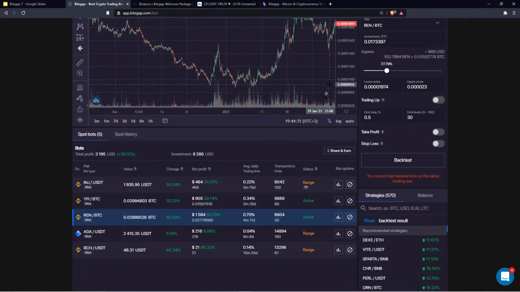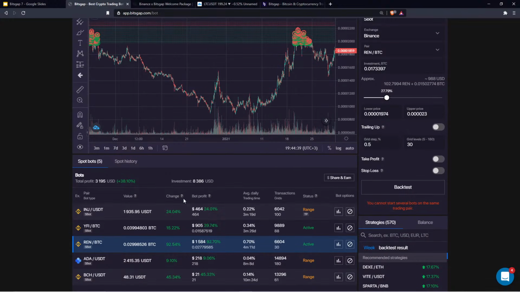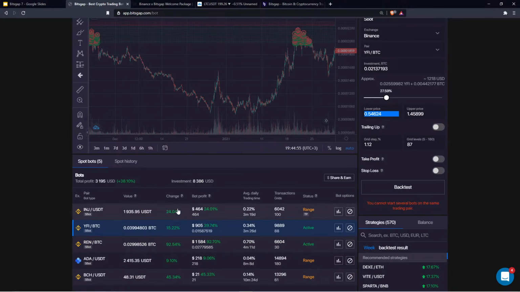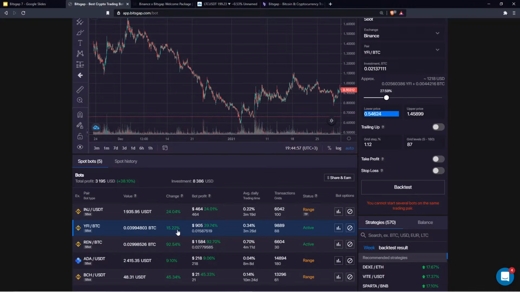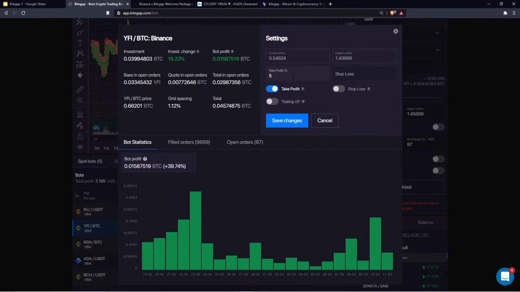The cool thing about the take profit is that you can set the investment change that you want the bot to achieve, so that as it achieves this percentage, it just closes the bot. For example, for UFI Bitcoin right now my investment change is 15%, which is cool, but let's say I want to close it as soon as it reaches 20%.